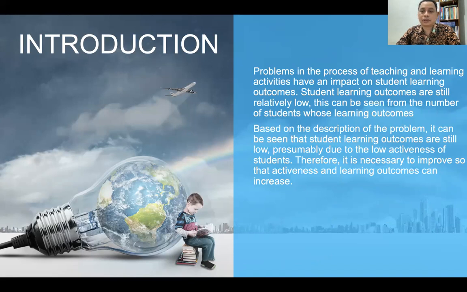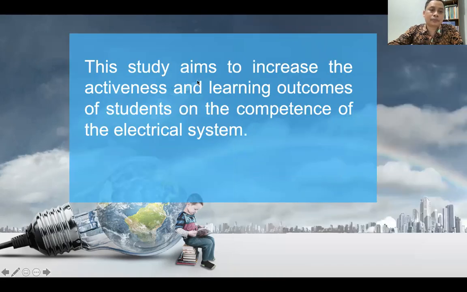Based on the description of the problem, it can be seen that student learning outcomes are still low, presumably due to the low activeness of students. Therefore, it is necessary to improve the activities and learning outcomes. So, this study aims to increase the activities and learning outcomes of students in the competence of the electrical system.